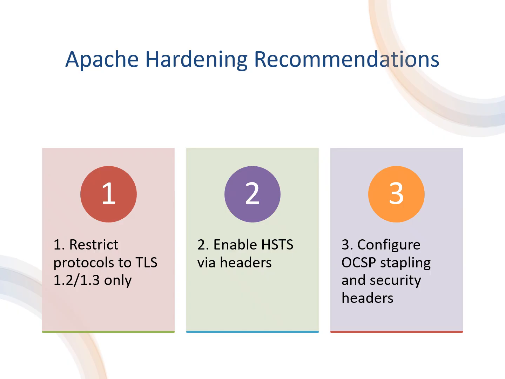Number 2, enable HSTS by adding the header Strict-Transport-Security. Number 3, enable OCSP stapling and security headers like X-Frame-Options and X-Content-Type-Options. These ensure encrypted, authenticated sessions that are resilient against modern web attacks.